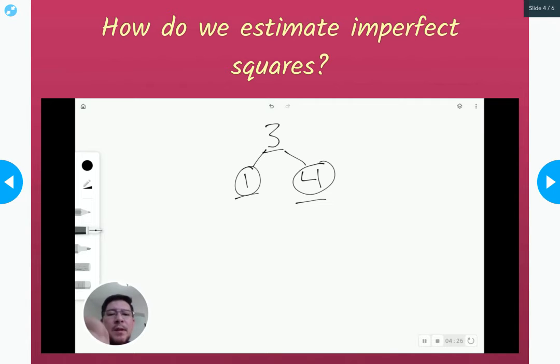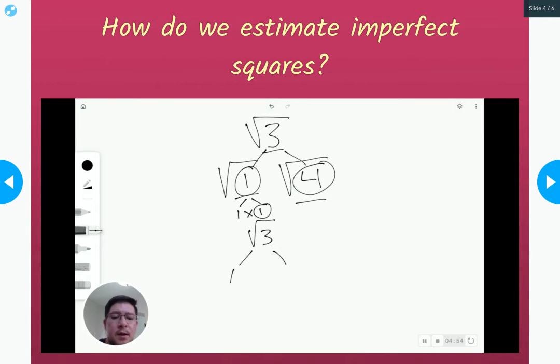Well, logically, if 3 is between 1 and 4, then the square root of 3 has to be between the square root of 1 and the square root of 4. So in other words, let's write this out. I know that the square root of 3 has to be bigger than the square root of 1. What is the square root of 1? Well, we already know that the square root of 1 is 1, because 1 times 1 is 1.